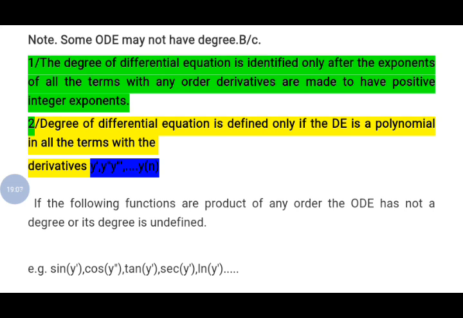To identify the degree of an ordinary differential equation, the degree is identified only after the exponents of all the terms with any order derivatives are made to have positive integer exponents.